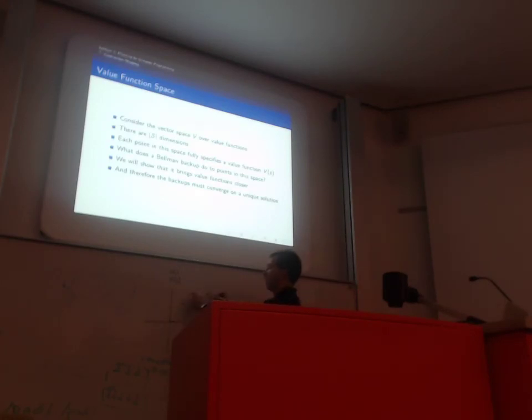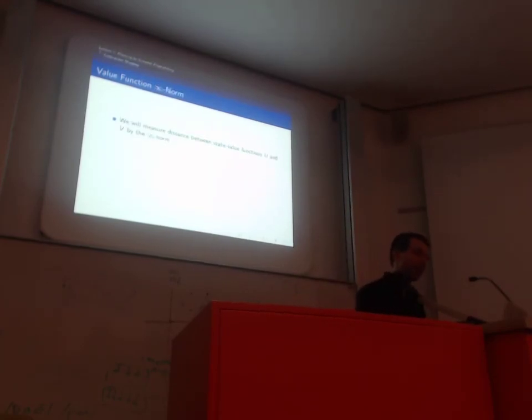Well, by our contraction idea, we could just apply the Bellman equation one more time to each of these, and we know that must get us to something closer than where we started from. So these can't have converged yet. The only way they could have converged is if there's a unique point. So all we need to show is that there's a contraction: that the Bellman equation brings two value functions closer together.